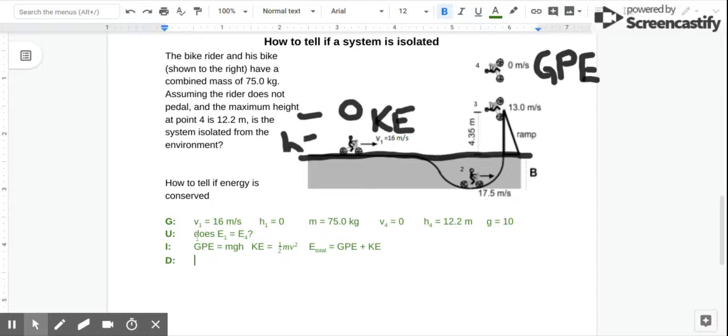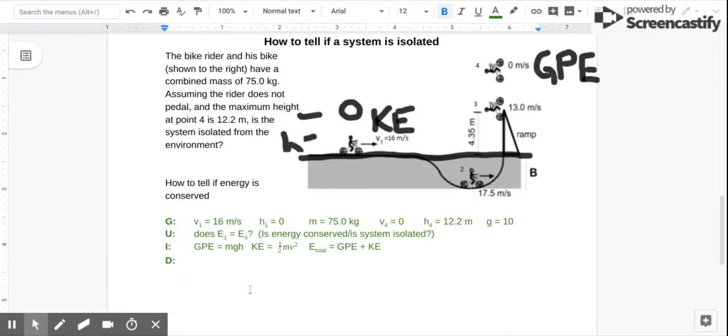They're basically asking, is energy conserved, is the system isolated? So really, is the total energy equal, does E1 equal E4? Then I wrote down the three things we need: GPE equals MGH, KE equals 1/2 MV squared, and E total equals GPE plus KE.